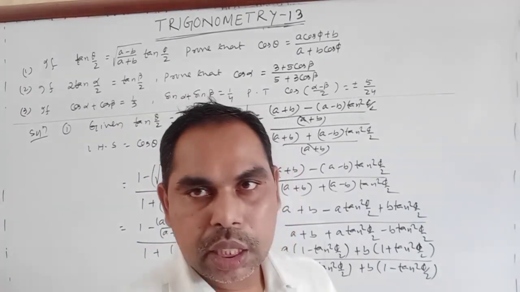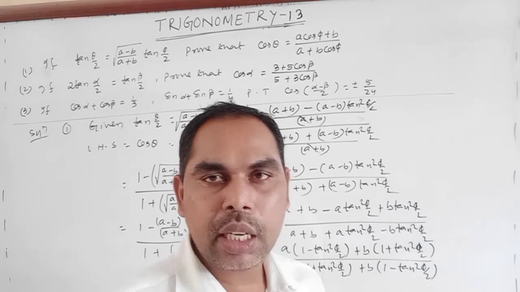Dividing both numerator and denominator by 1 plus tan square phi by 2.